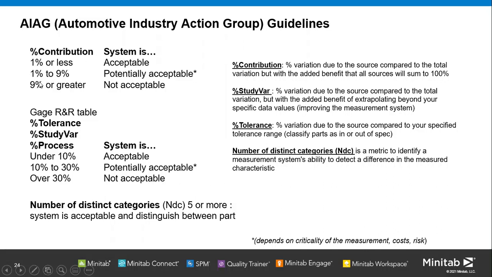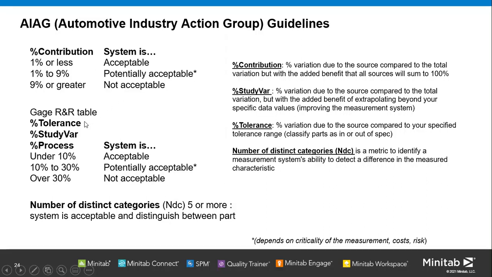If let's say 1 to 9, potentially acceptable, but it depends on other things like the measurement cost and risk and so on. And if your percentage contribution is more than 9, the measurement system itself is not acceptable.